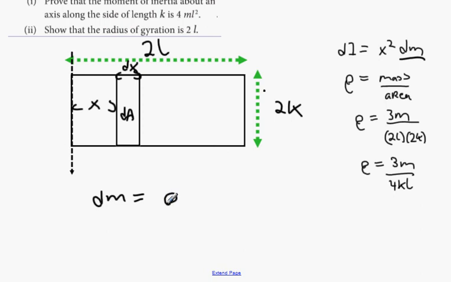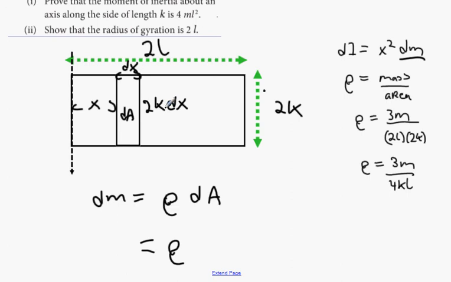So the dm is rho dA, because it's the mass per square meter by the actual area. Next thing we're going to do is change dA, so it's going to be rho times, what's the area then? 2k multiplied by dx. Yeah, 2k dx.